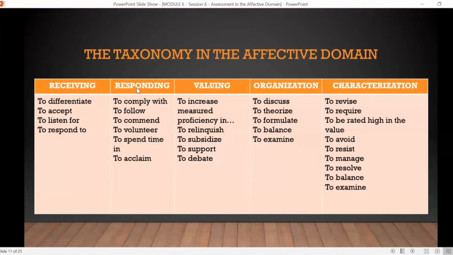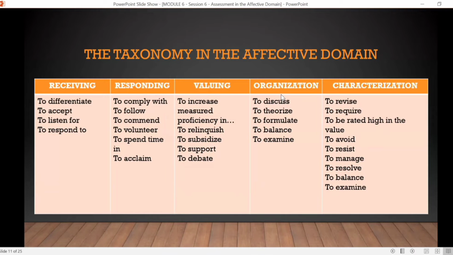You could see that under the responding level, these are actions. If they are already complying, following, commending, volunteering, spending time, acclaiming, that's the responding level. For valuing: to increase measured proficiency in, to relinquish, to subsidize, to support, to debate.